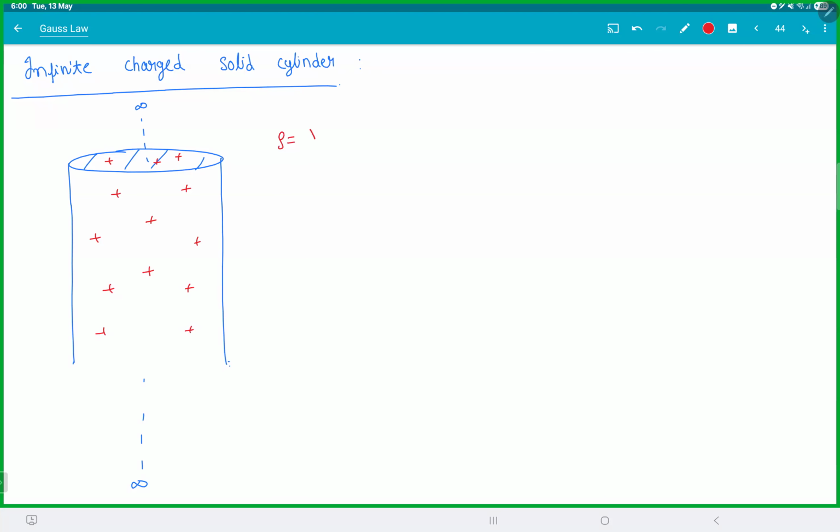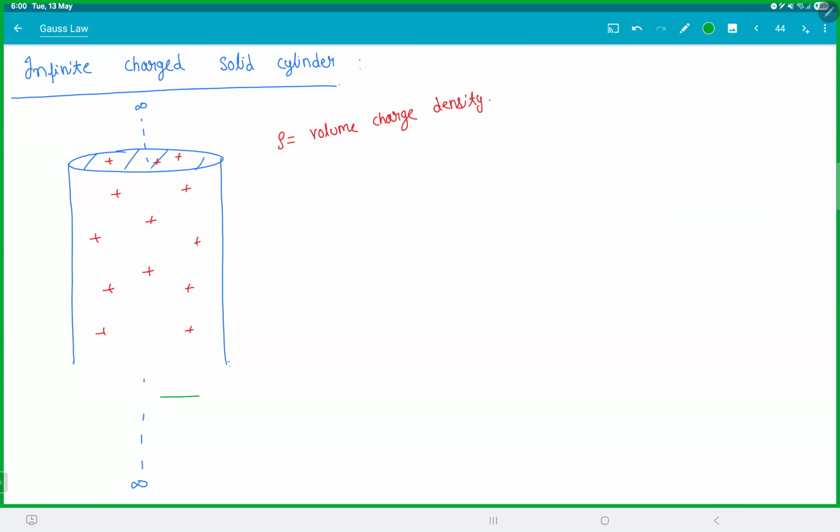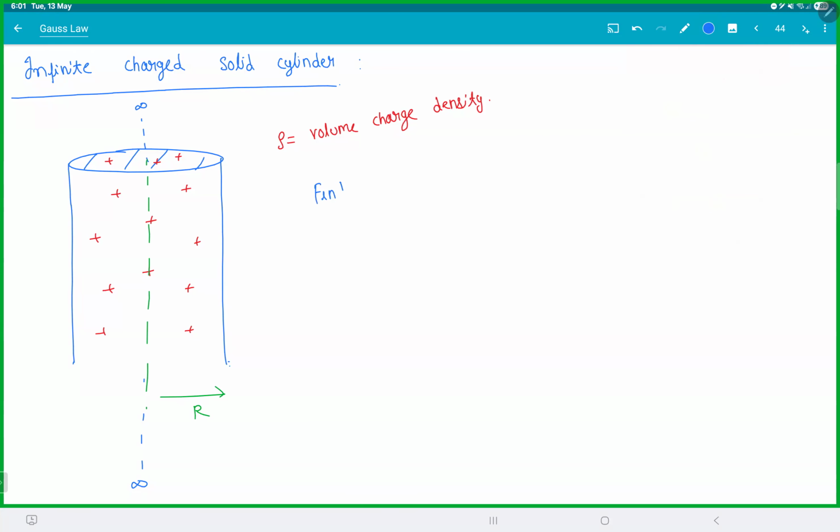Rho is the volume charge density, charge per unit volume. This is radius R. Find the field as a function of r.